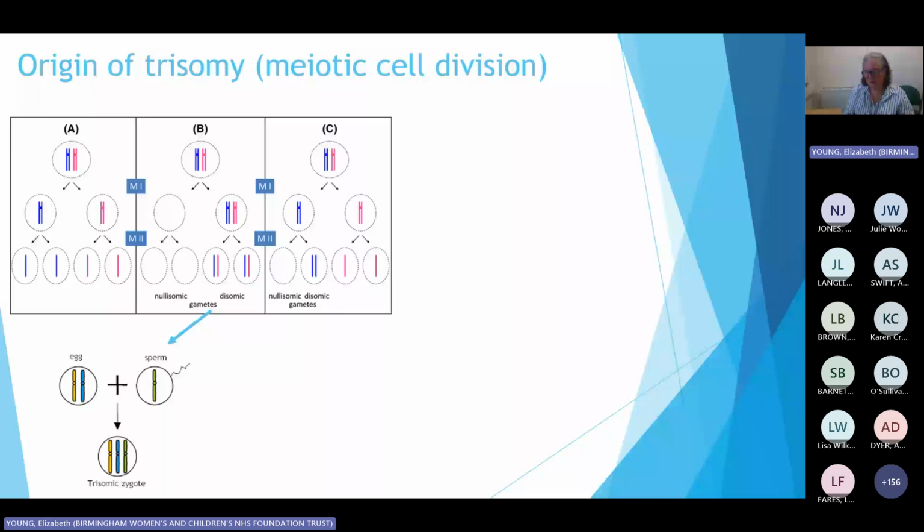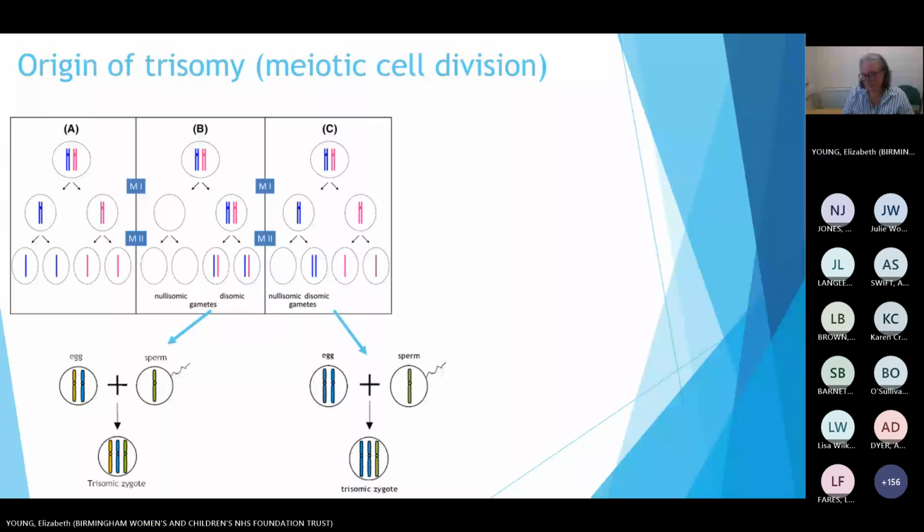And each one of those should be different. And that's how you get that triallelic marker. If the error has occurred in meiosis 2, the 2 chromosomes in the egg will be identical, joined by a 3rd one from dad, and so you're going to get the 2-to-1 ratio. I have to try and get my head around this every time I go through it, so please don't worry if that doesn't make sense to you.